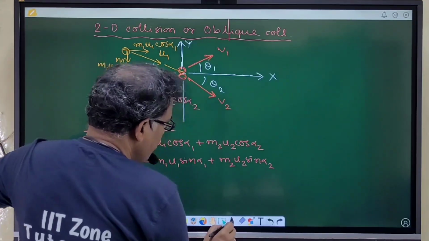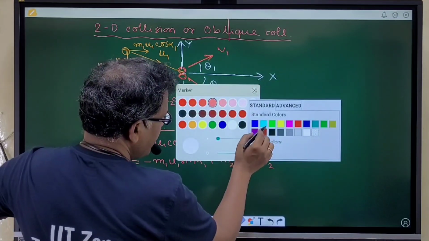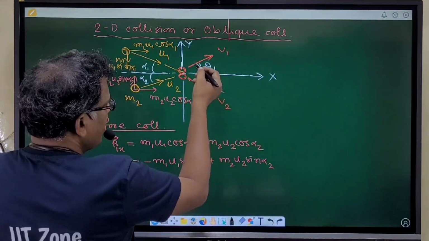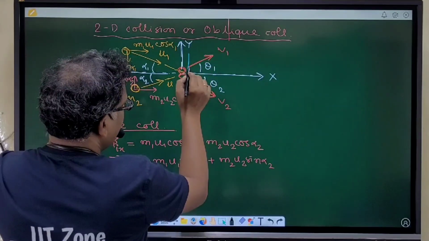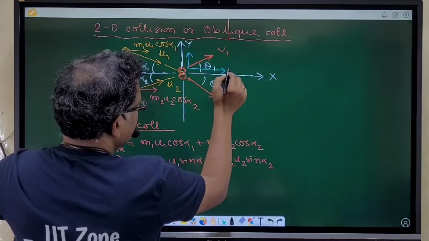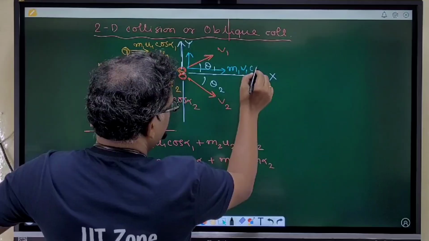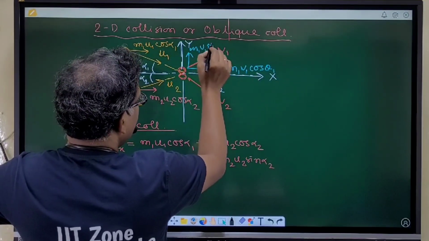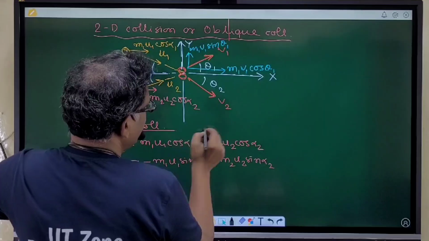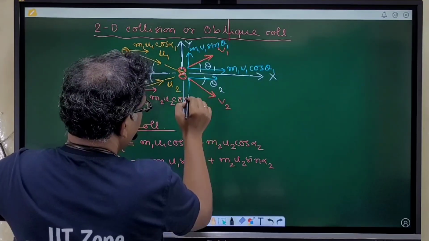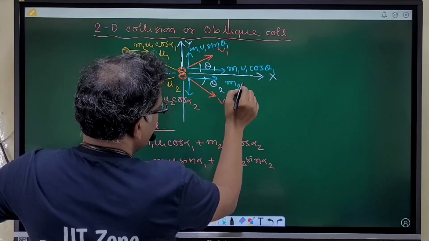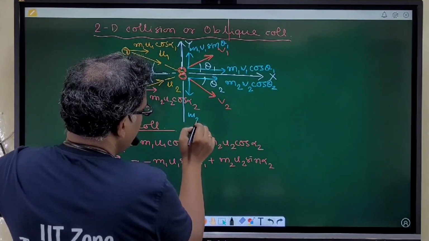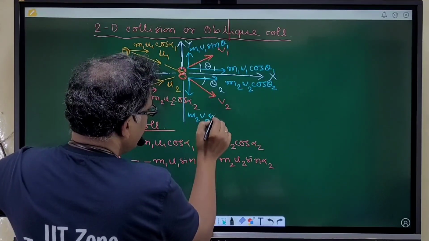The same we can do with the resolution of vectors for m1 and m2 with the velocities they are expected to have after collision. So it is m1 v1 cos theta 1 and m1 v1 sin theta 1. Similarly, for the second body it is m2 v2 cos theta 2 and downward m2 v2 sin theta 2.